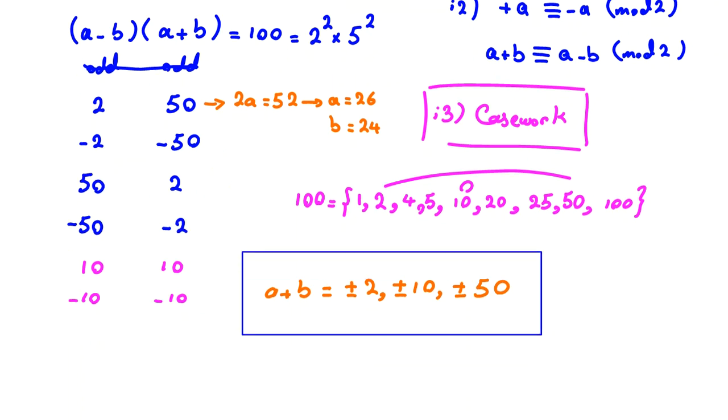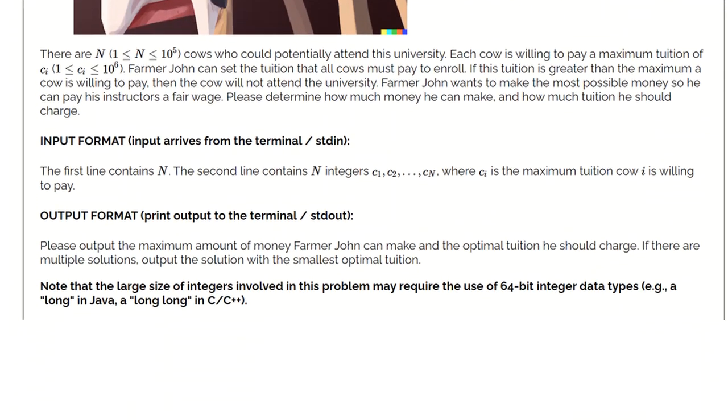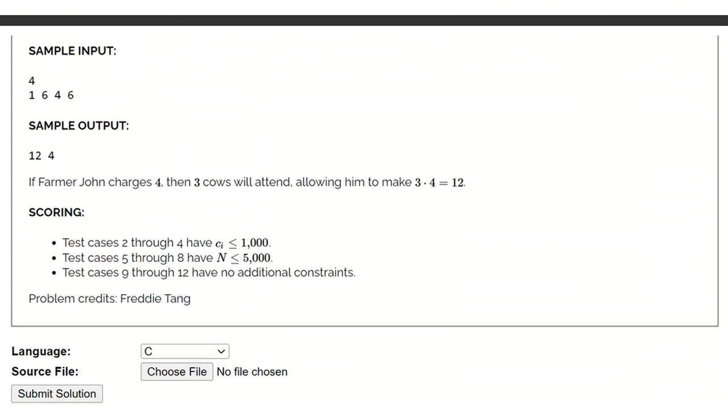Now let's try a USACO problem. And let me tell you one thing: when you want to solve a problem in USACO, try to read the sample input and sample output first, and it helps you to understand the problem faster. It says, okay, we have these numbers, and if Farmer John charges 4, then 3 cows will attend, allowing him to make 3 times 4, 12.